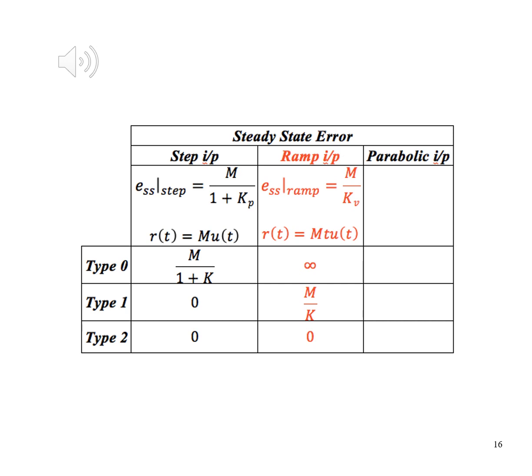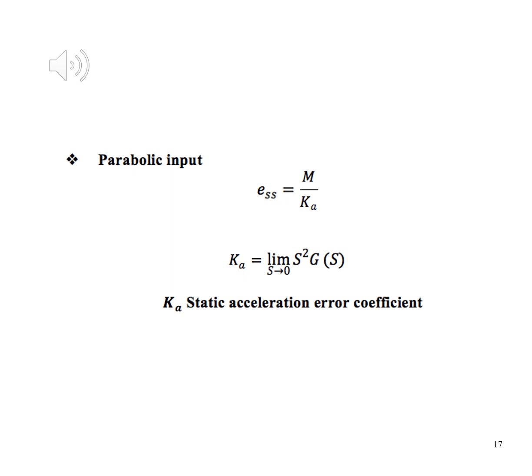Let's go to the next slide and study the parabolic input. طبعا خلاص الفورمة وضحت قدامنا. لو انا عندي بارابولا كويس هقول ايه؟ الايرور بتاعي هيساوي ايه؟ m على k a. الكي a ده هيساوي ايه؟ ليميت لما s tends to 0 s سكويرد في g of s، وهسمي الكي a ده static acceleration error coefficient. اوكي، زي ما عملنا قبل كده بالظبط، كل اللي فات بنعيد نفس الحكايه، بس مره كنا بنقول ستيب انبوت، مره بنقول رامب انبوت، دلوقتي بنتكلم على بارابولا. اوكي، نروح بقى نكمل التيبل بتاعنا في السلايد اللي بعد كده.